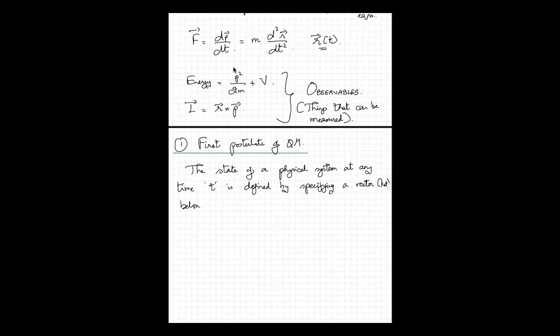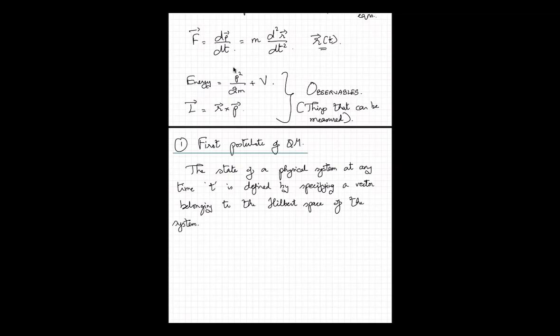I'll just call it vector and not ket. Vector belonging to the Hilbert space of the system.